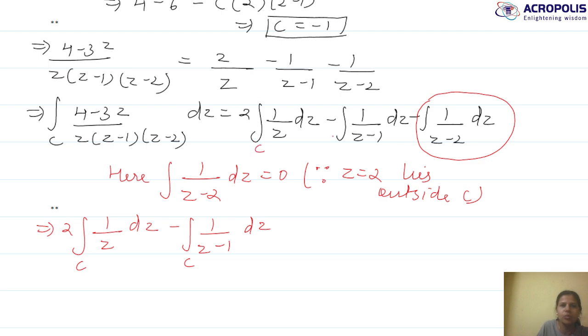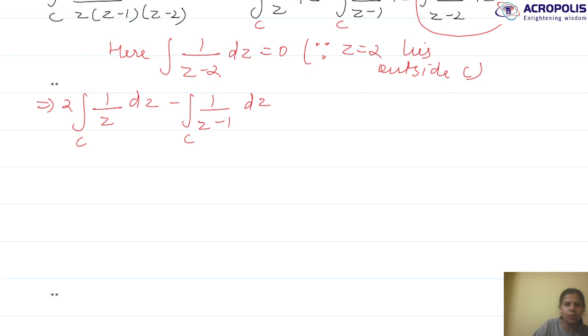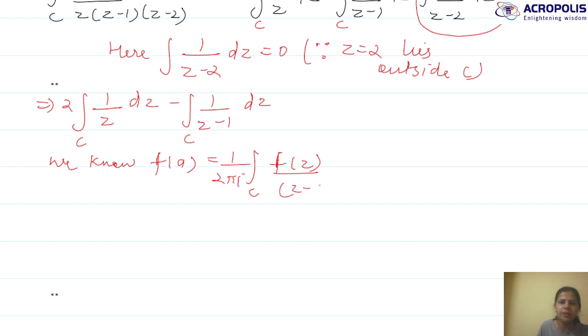So we apply Cauchy's integral formula to evaluate that one. What is Cauchy's integral formula? We know f of a equals 1 upon 2 pi iota times the integral along C of f of z upon z minus a dz.